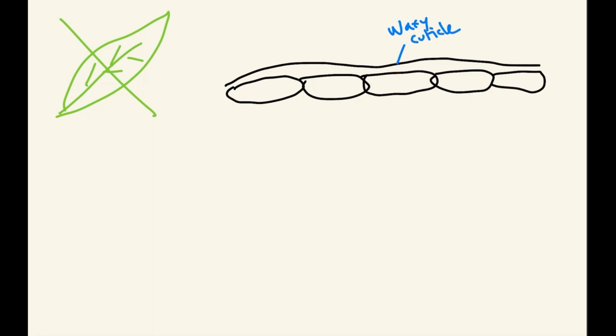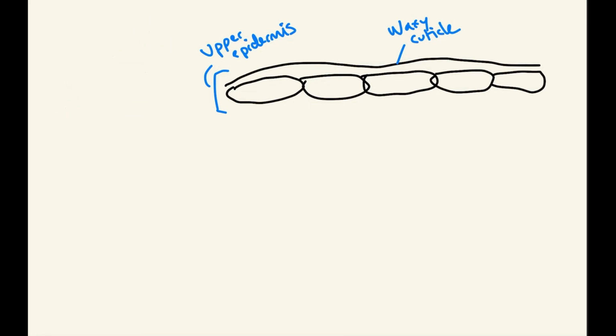And it's this little black line that we've drawn at the top. And this whole thing is called the upper epidermis. Now we'll get into the functions later on. We'll just start off by labeling each part. And obviously these are all cells, so they have a nucleus.